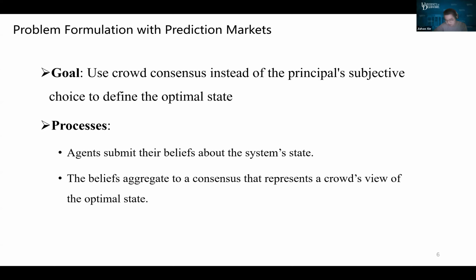This consensus is the new objective state, which is created through the crowd's input rather than relying on a single principal's judgment, reducing the risk of individual bias and helping to improve the objectivity of the inferred solution.